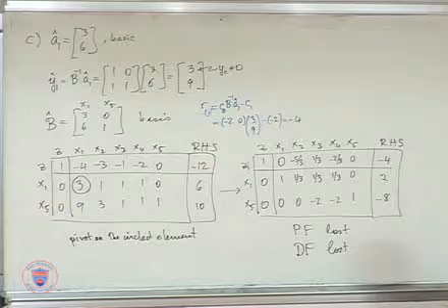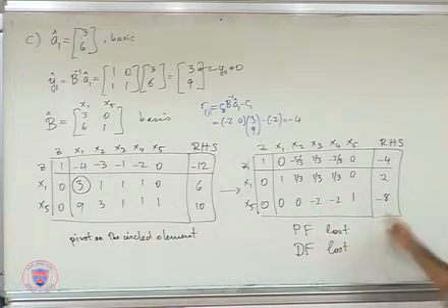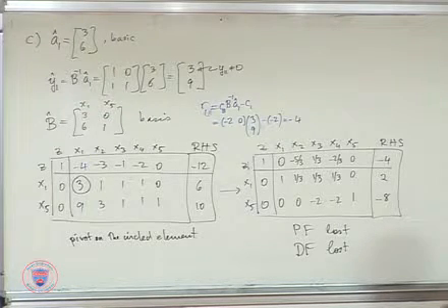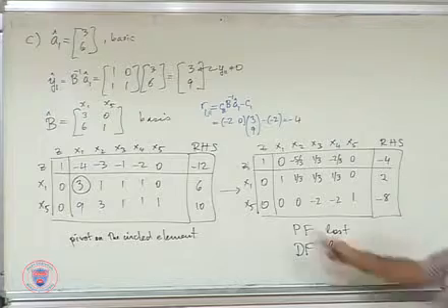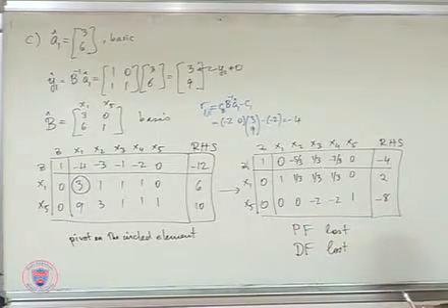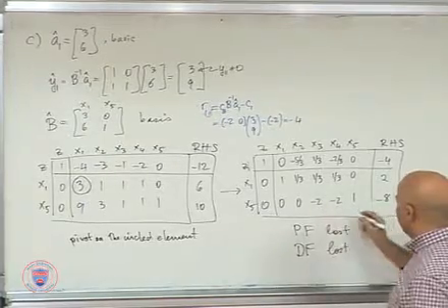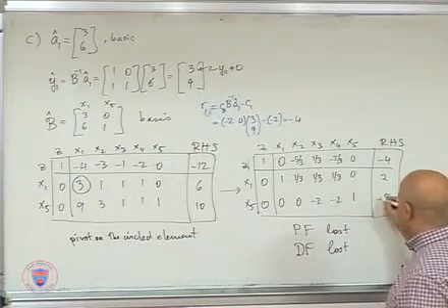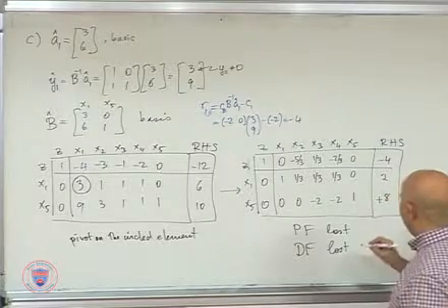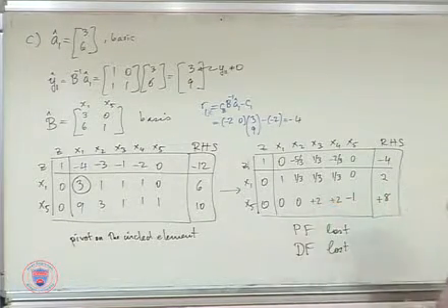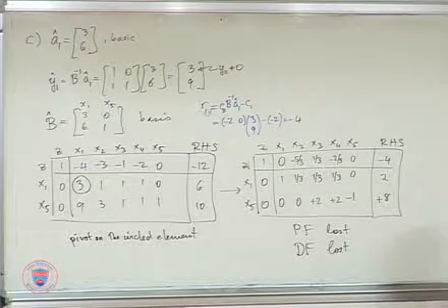And so what I'm going to do is multiply this row by minus 1. And that's going to give me a plus entry here, minus here, plus, plus, like that. So we changed everything.